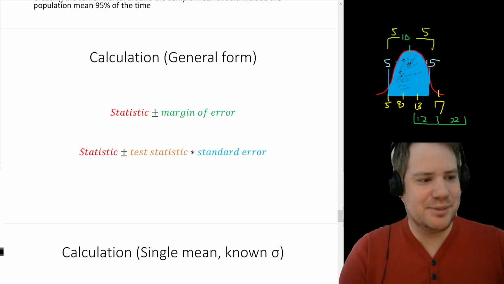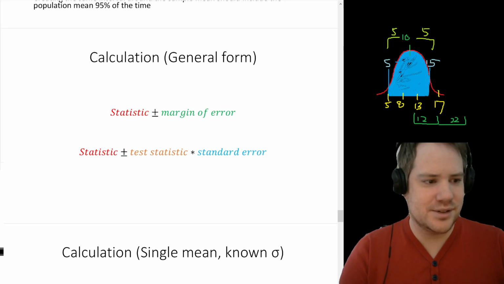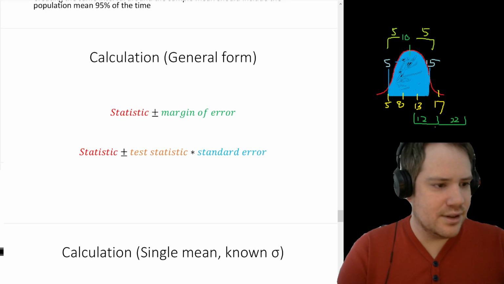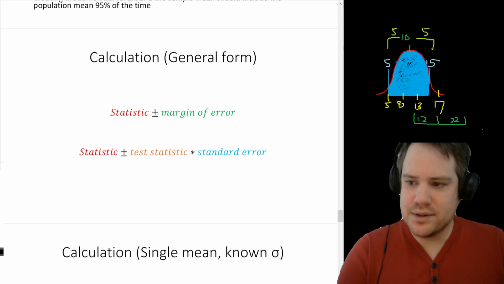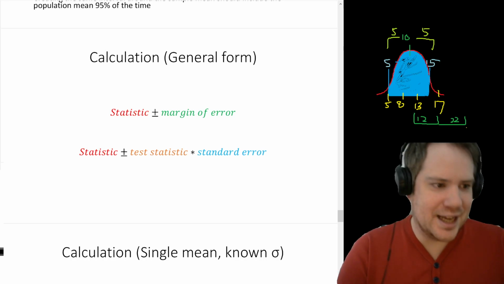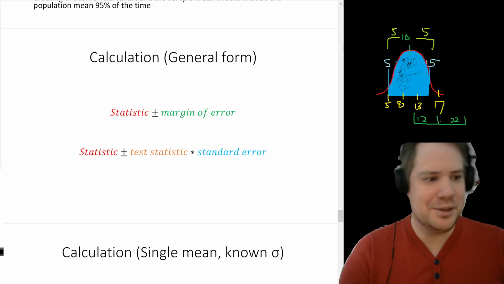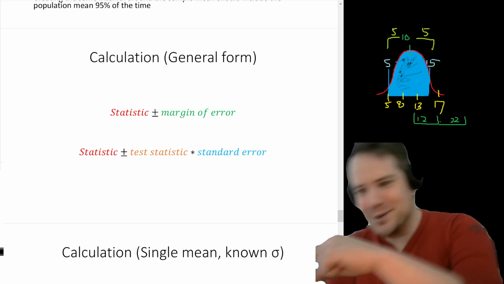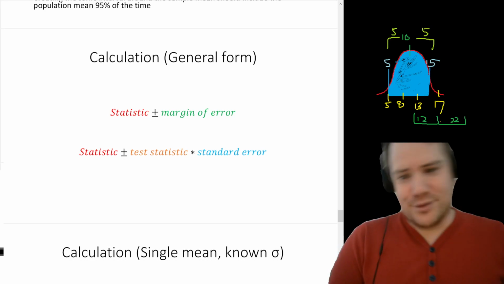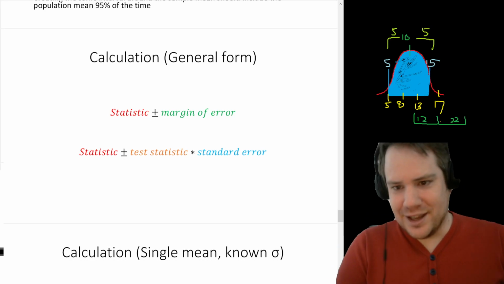So it's the distance between 17 and 12, or 17 and 22, both of which are 5. So the margin of error here is 5, and the total length of the interval is 5 plus 5, which is 10. It's always exactly 2 margins of error, because you have one margin of error one way and one margin of error the other way. So the total is 2. Now, of course, the question is, how do we calculate the margin of error?